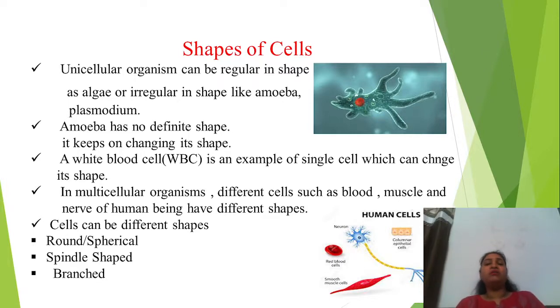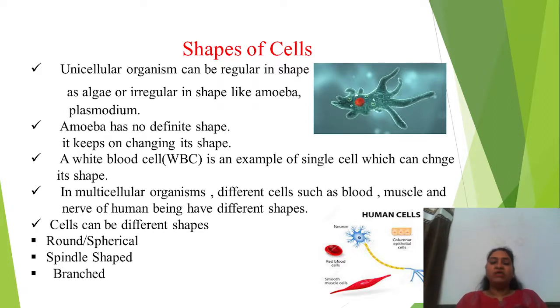Like that, white blood cells in the human body are also an example of a single cell which can change its shape. Then in multicellular organisms, different cells such as blood cells, muscle cells and nerve cells of human beings have different shapes. So cells can be of different shapes. Some of them are round, some are spindle, or some are branched.